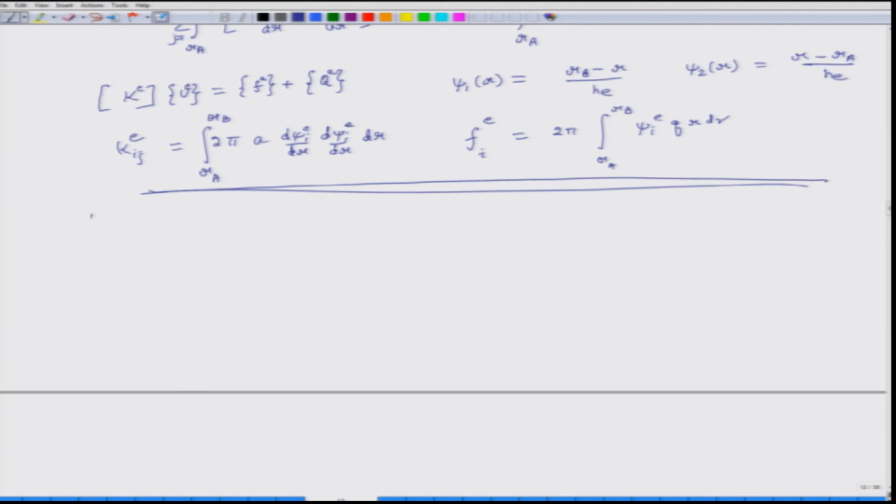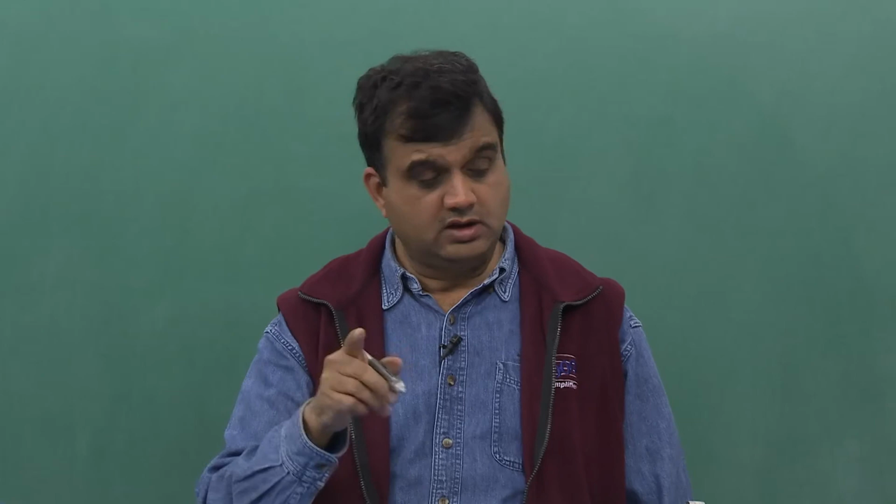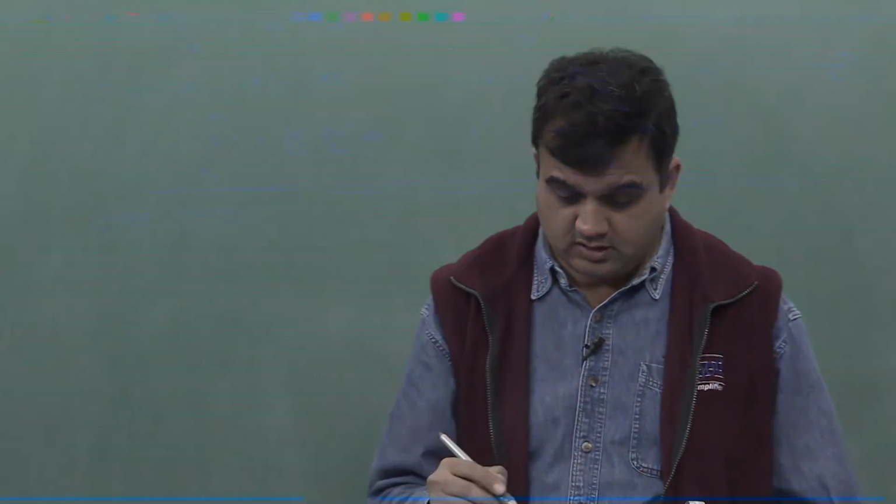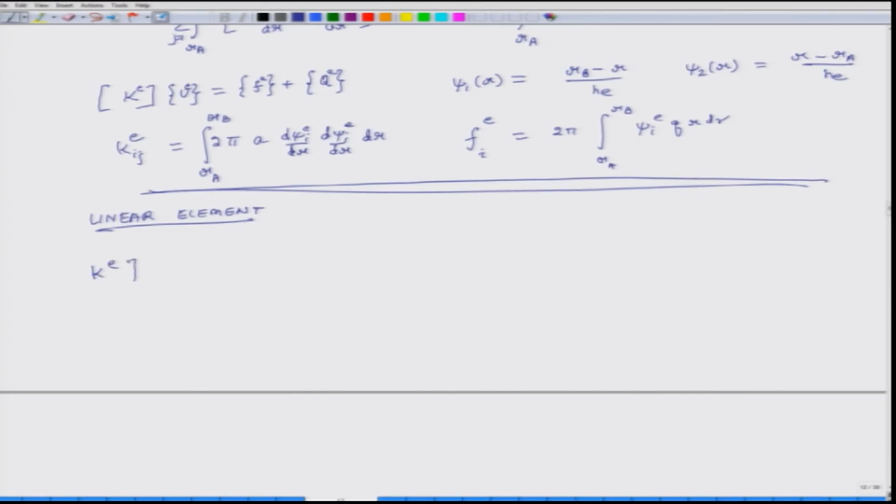For the linear element, that is an element which is linear in the radial direction, we have to remember that Ke equals 2 pi Ae over He times Ra plus He over 2, times the matrix 1 minus 1, minus 1 1.